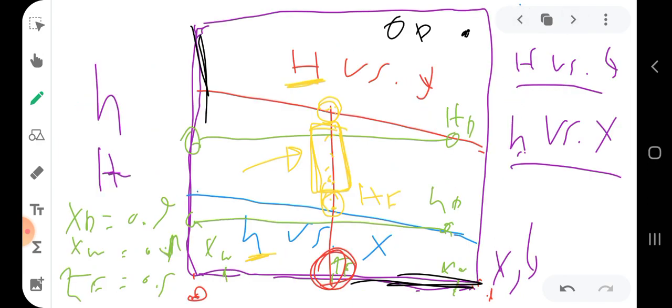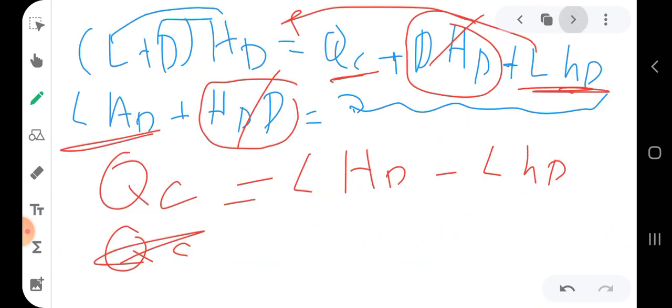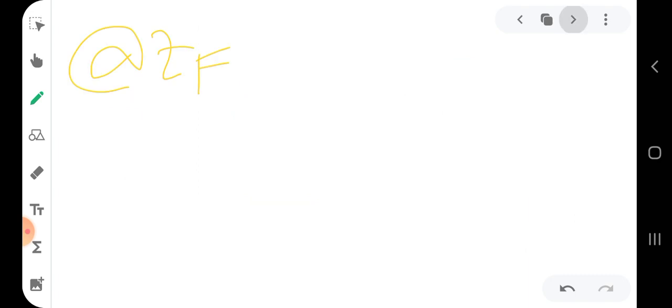Simply I need to determine the H in the vapor phase and the H in the liquid phase for the feed at ZF, in the case of q between 0 and 1. So I'm going to get H small f for the liquid phase and H capital F for the vapor phase, both at feed, that's why I'm referring to them as F.